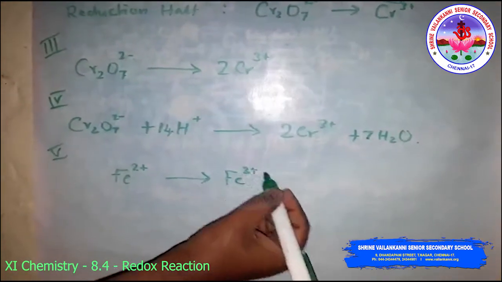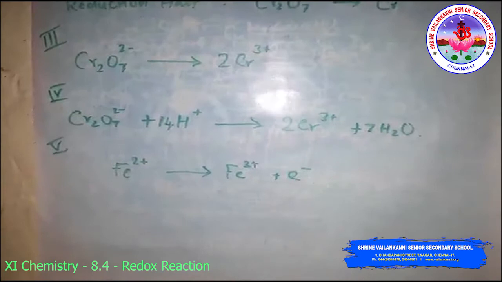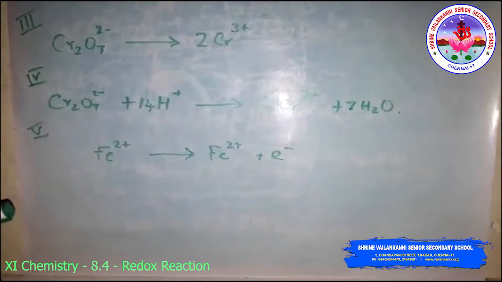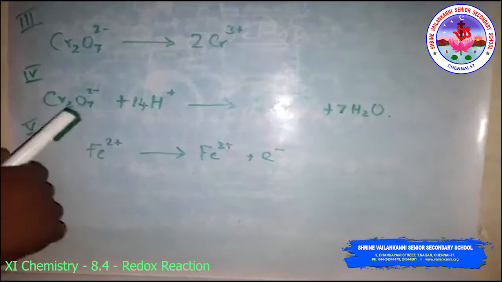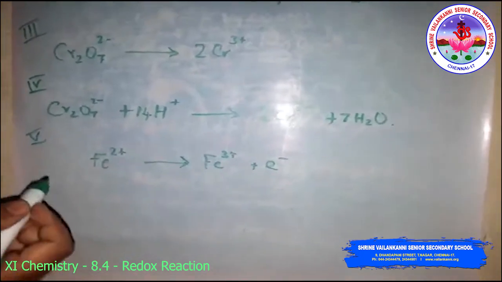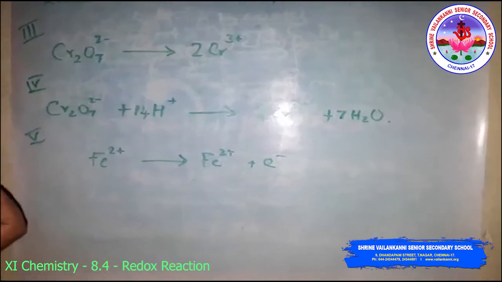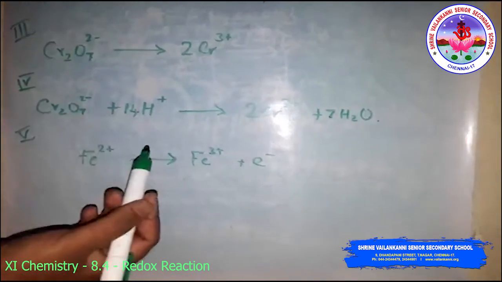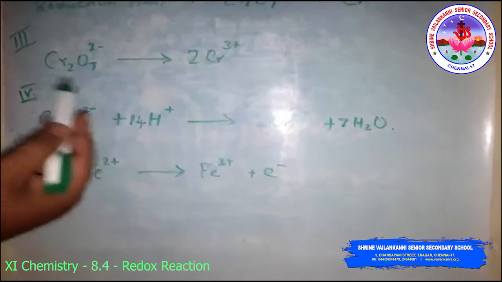So oxidation means loss of electron. So 1 electron. Then now the reduction half reaction, there are net 12 charges. Okay, there are net 12 positive charges on the left hand side and only 6 positive charges on the right hand side. Here 6 positive charges, here 12 positive.